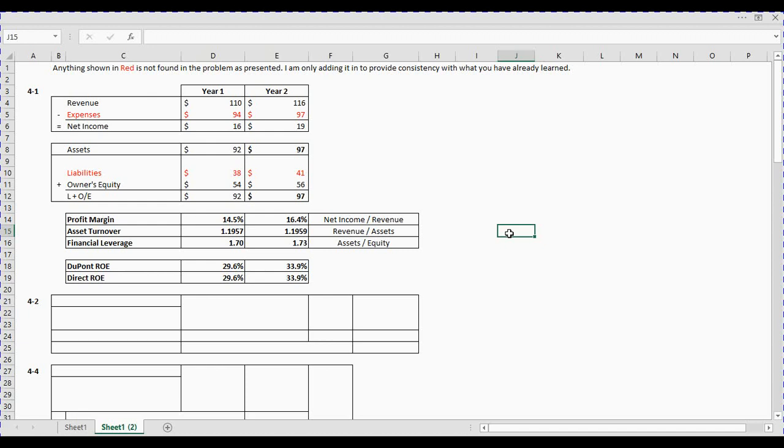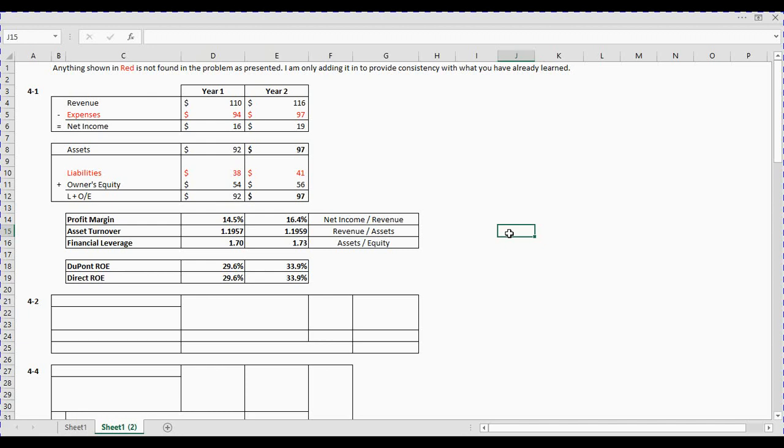And so let's move on to financial leverage. This is kind of a backwards way of looking at leverage. This is really looking at assets divided by equity. So think, if assets equaled equity, that number would be one time. So assets equals equity. That means I have no debt. So this version of a financial leverage number would be 1.0.